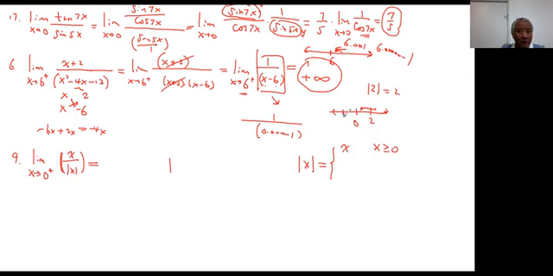How about this one? For example, this is negative 2. Absolute value of negative 2 equals what? 2. Zoe, do you agree? 2 or negative 2? Positive 2, because the result from absolute value is always positive.